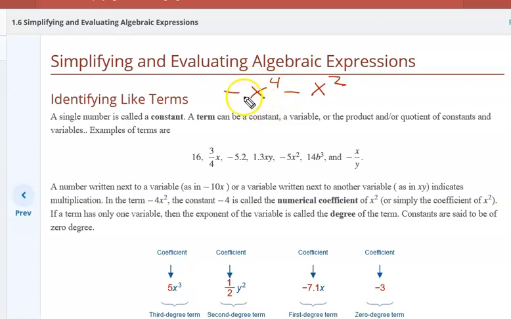Well, whenever there's just a 1 of something, by convention, we don't write the 1. But when we're doing computing, I think it's okay to put it in there. So the numerical coefficient of this term is a negative 1. All right, something to keep in mind.